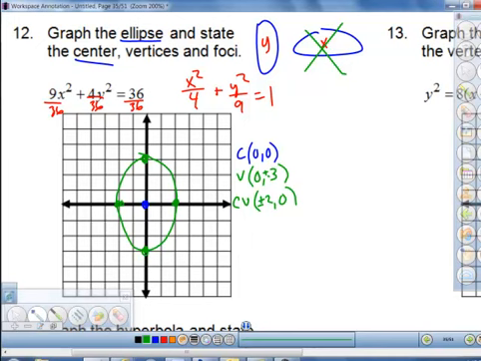All right, now the last thing it asks us for is foci. Foci, we get that formula by going a squared minus b squared equals c squared. So the a squared is 9, so 9 minus 4 equals our c squared, which is 5. 5 equals c squared, so the square root of 5 is going to be just our c, right? And c is the distance. So how far is square root of 5?